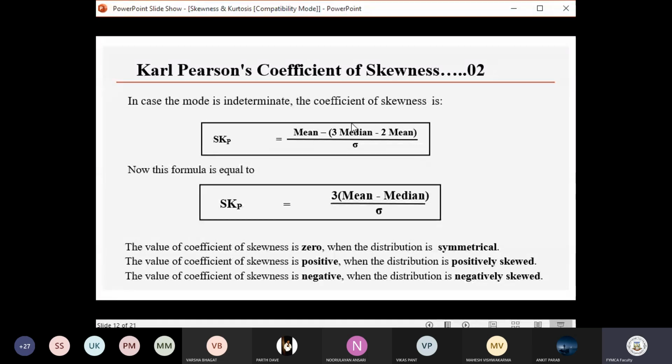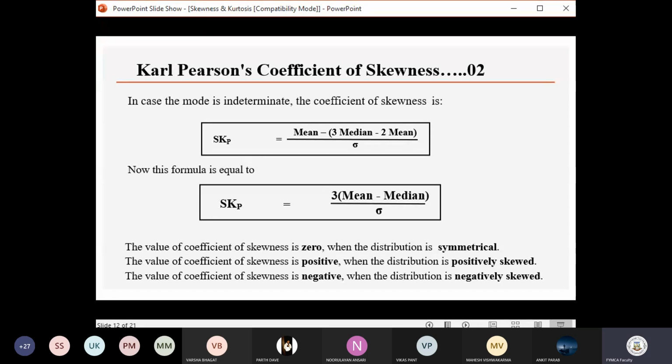If you simplify this, you get 3 times mean minus median divided by sigma. This formula is again in the case of mean and median. So if you are not in a position to determine the mode, then you can convert this SKP, that is Karl Pearson coefficient, in terms of mean and median.